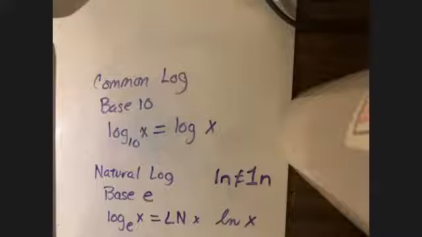Now, if you're wondering why it is ln and not nl, you have to realize most of our math came from Europe, and in a lot of those languages, the describers, the adjectives, come after the noun. Taking Spanish myself, I remember the black dog was perro negro, where the color came after the word dog.